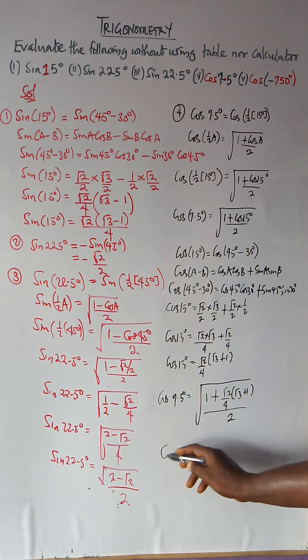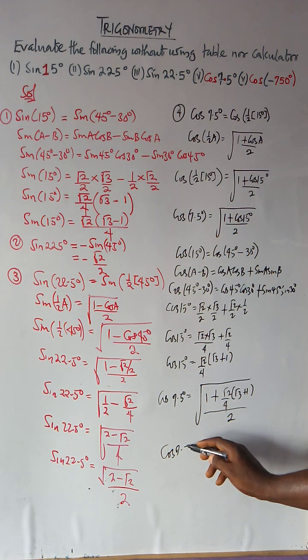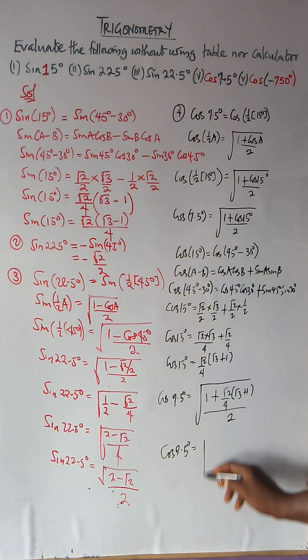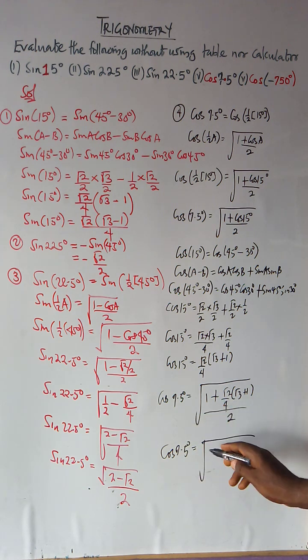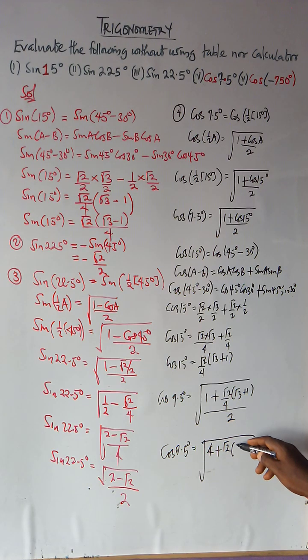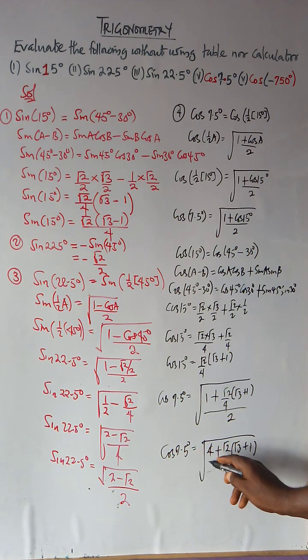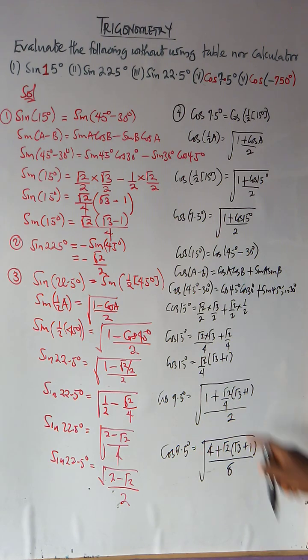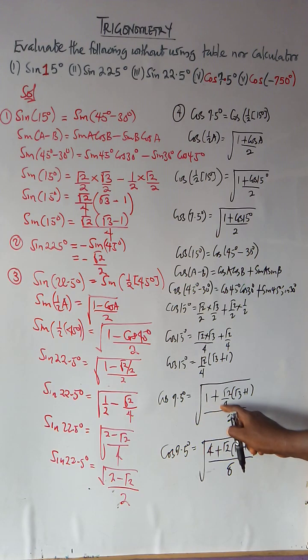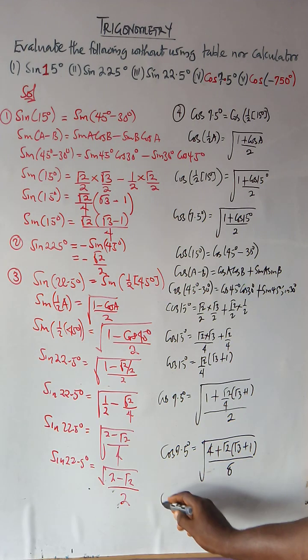Then we can write this as cos 7.5 degrees equals the square root of 4 plus root 2 into root 3 plus 1, everything over 8. This 4 multiplies this, then comes down. I think that's all. Let's try to expand.